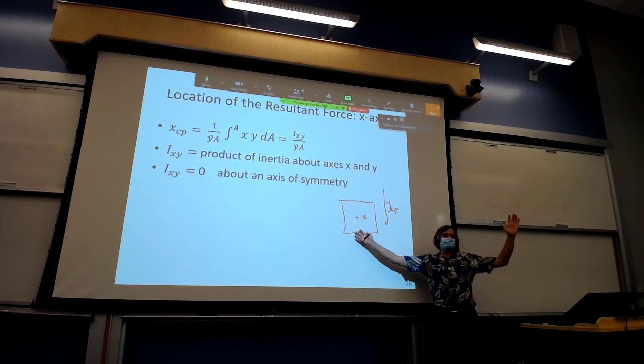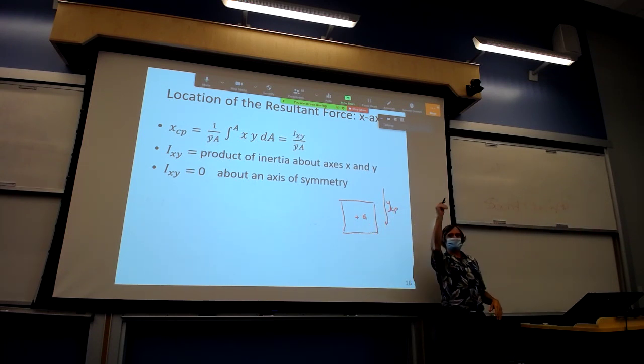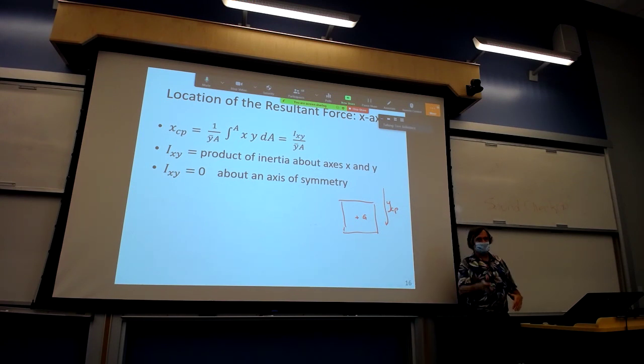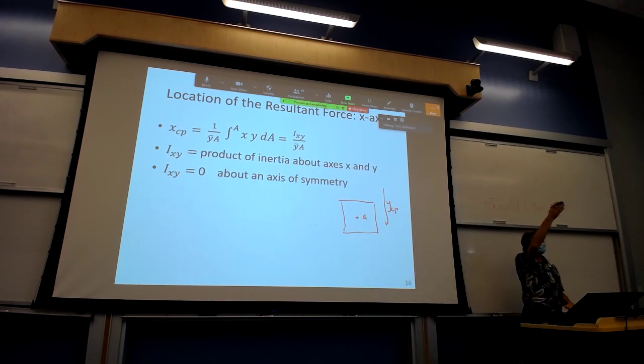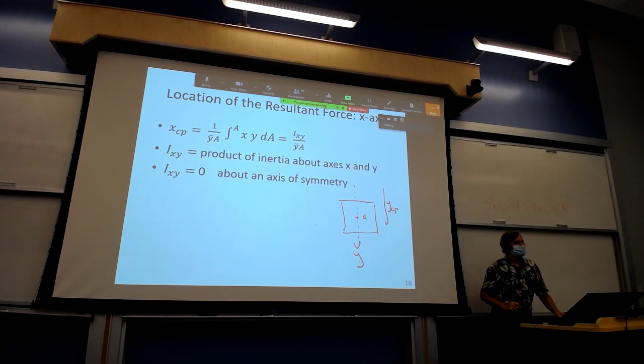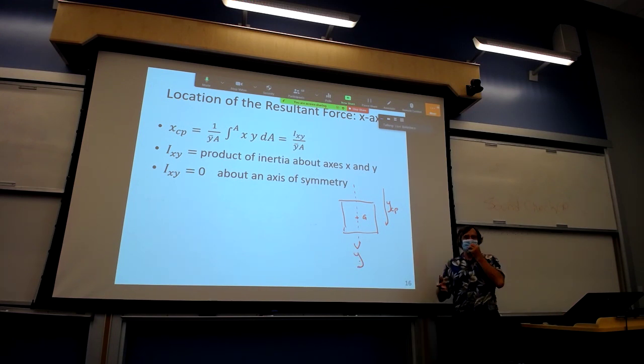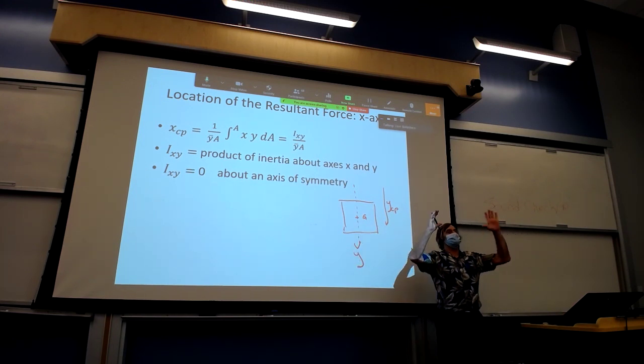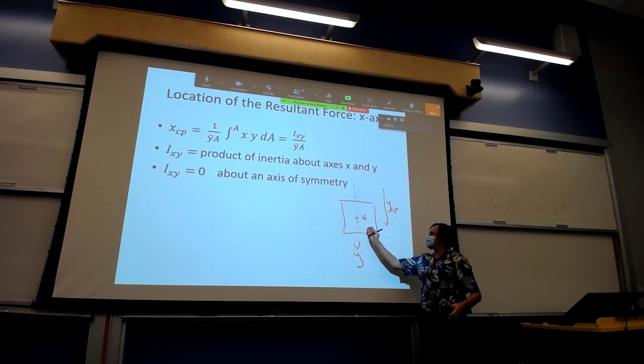If you look at this rectangle, is there a y-axis that we can draw that would be an axis of symmetry? If the y-axis goes through the center of area of this rectangle, that's an axis of symmetry.